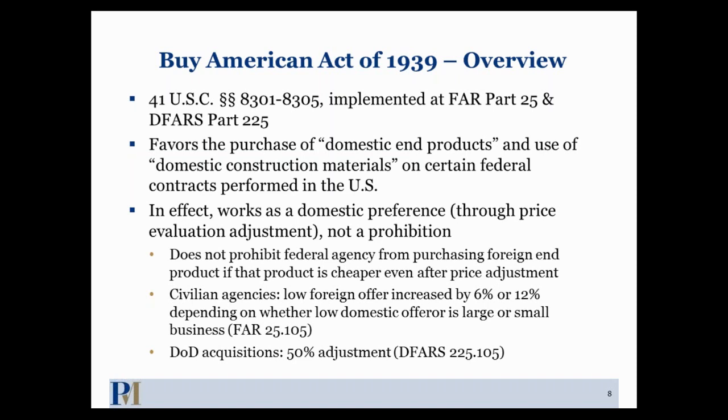So if the lowest priced offer from a firm supplying a domestic end product is a large business, but there is an even cheaper product submitted that's a foreign end product, that low domestic offer by a large business is going to get a 6% price preference. If that low offer from a domestic product was from a small business, there'd be an even greater, a 12% price preference.